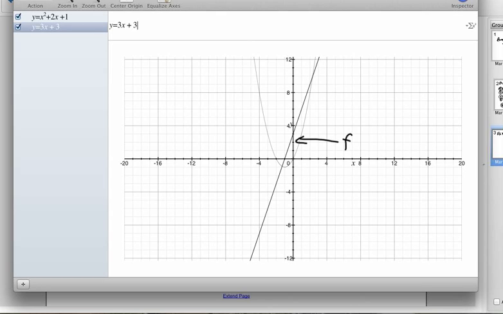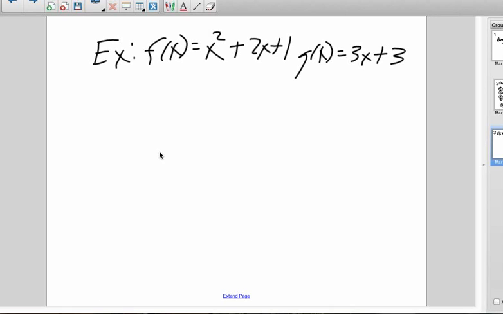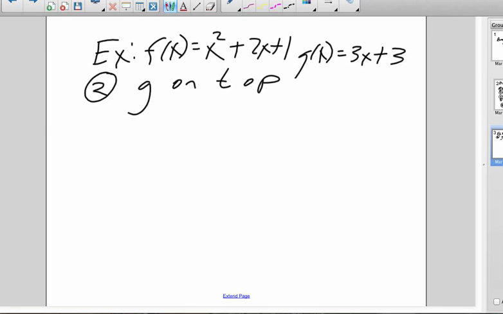This was F, this was G, and here are going to be my points of intersection. So what I'm going to have then is I'm dealing with G minus F, because G is on top. Okay, so we got that. So I come down here and my G is on top. So this is step 2.